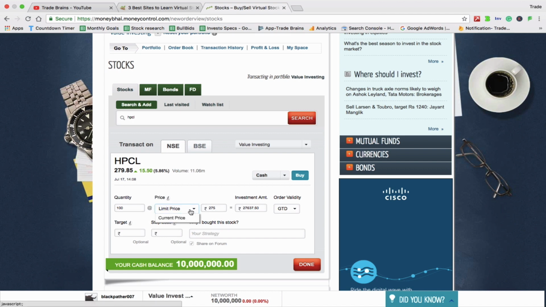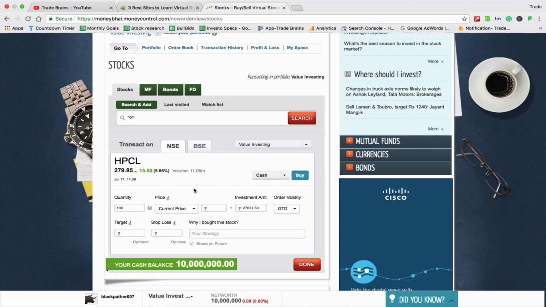Similarly, you can also select current price. Current price is the market price at which the stock is currently trading. So it is currently trading at rupees 279 and you want to buy at 279, then you can place current price. Now again, the problem with current price is that it takes some time to place the order.